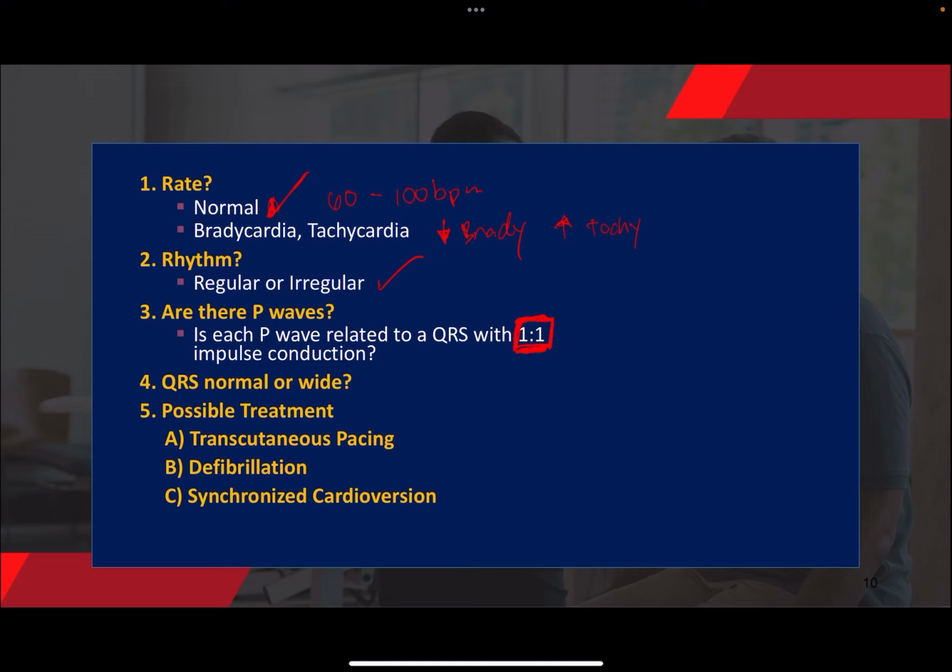You would notice that there are 2 P waves on 1 QRS, so it's not a 1:1 conduction. And then you also want to have a look at the QRS complex. Is it normal or is it wide? If it's wide, think of monomorphic ventricular tachycardia or polymorphic ventricular tachycardia.